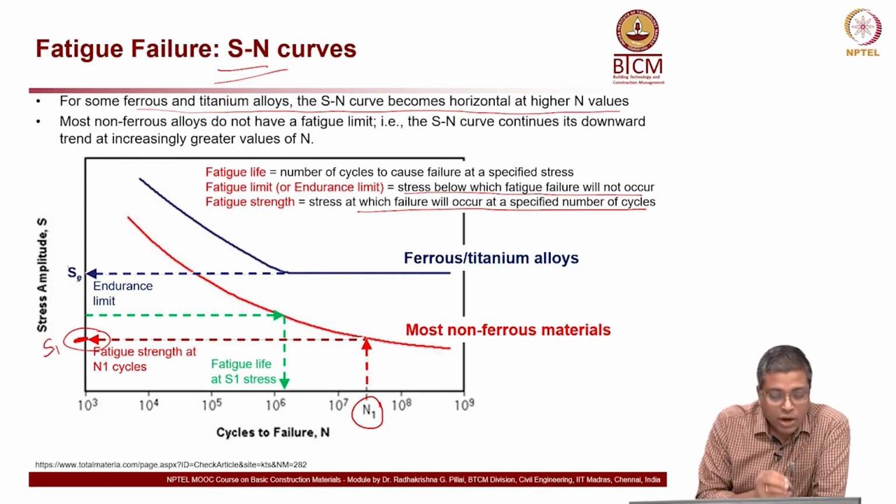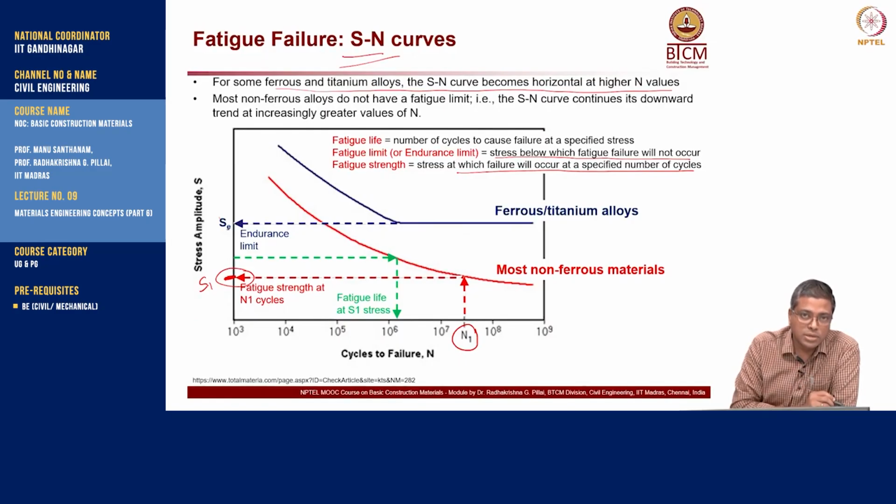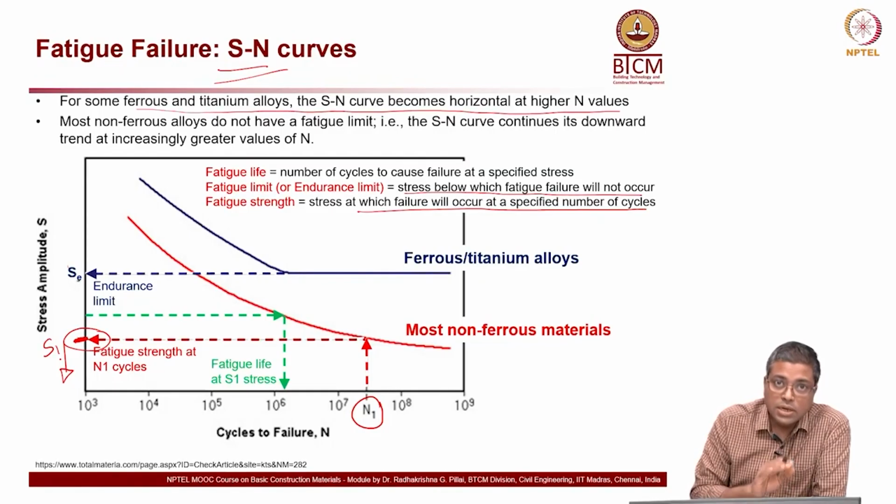Now, what I have to do as a designer is that the stress which is going to be experienced by the material should be kept below S1. As long as I do that, the system will survive for N1 cycles. That is the idea. Okay. So, the applied load has to be less than S1. This is the design stage.